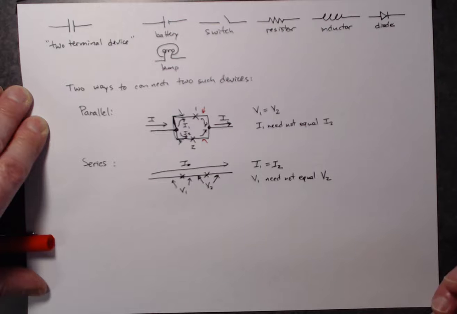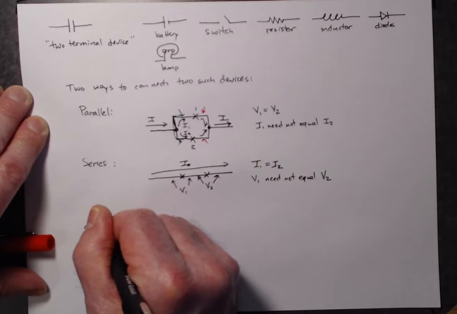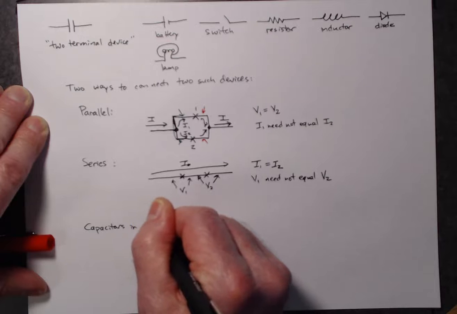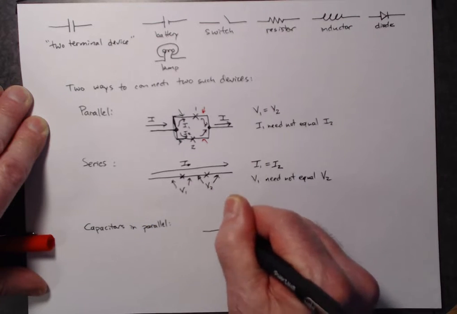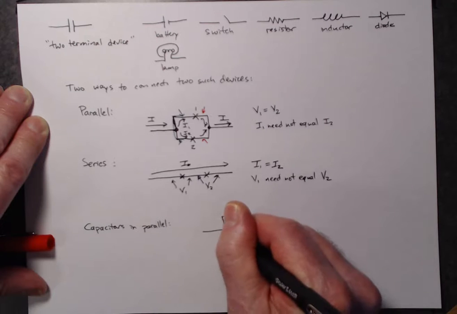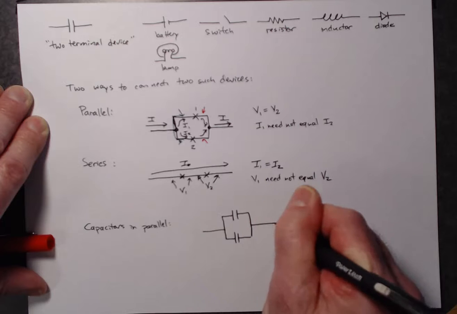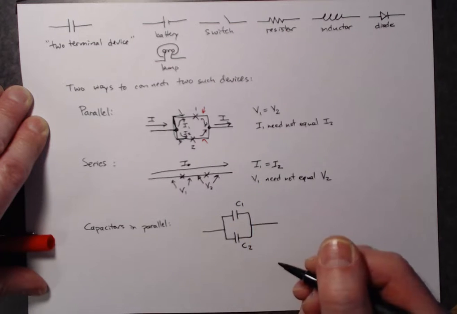Let's apply these ideas to capacitors. Let's say I have capacitors in parallel. Let's see if we can understand this in a deeper way. So the circuit would look like this. I've got two capacitors. They don't have to have the same value. Let's call the top one C1, the bottom one C2.